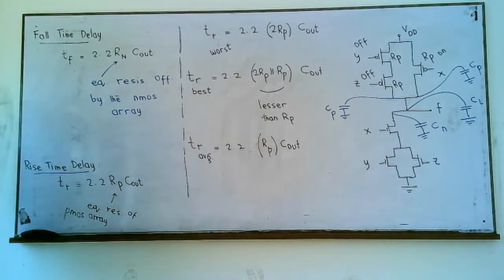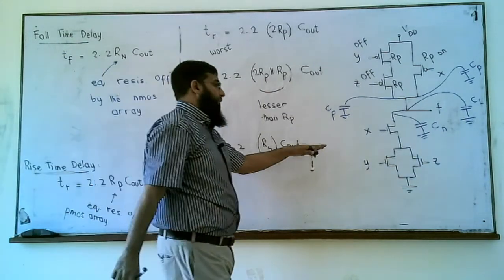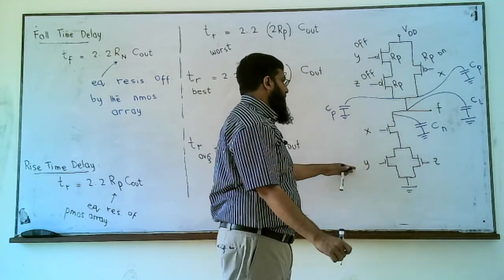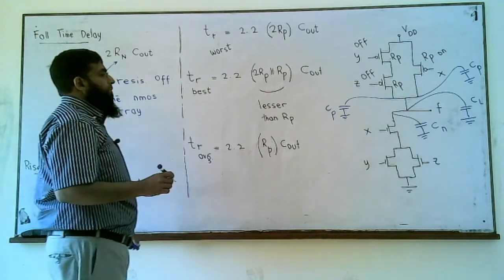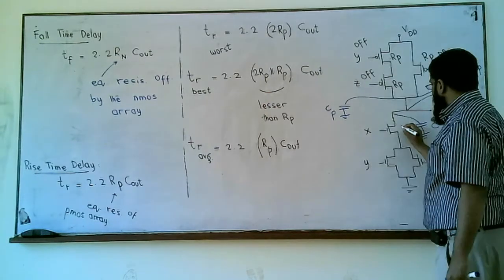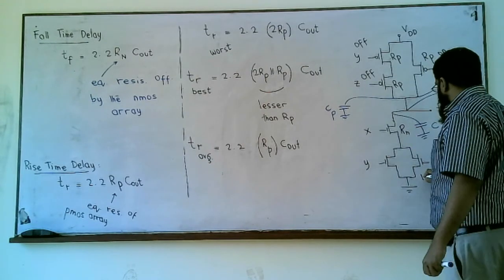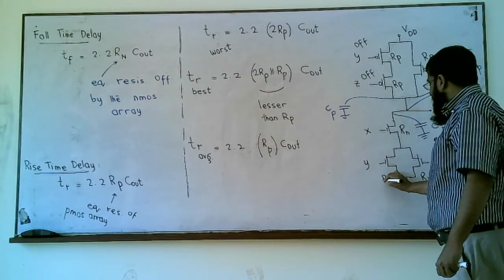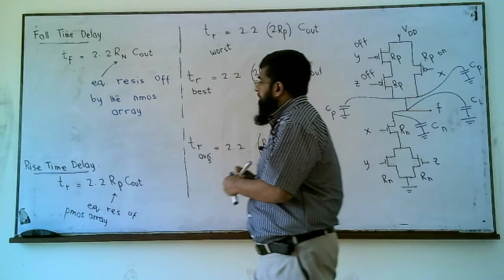It's not the resistance offered by PMOS, it's the resistance offered by the whole NMOS array containing more than one transistor. In this case, there are 3 NMOS transistors, maybe with resistance Rn, Rn, and Rn.